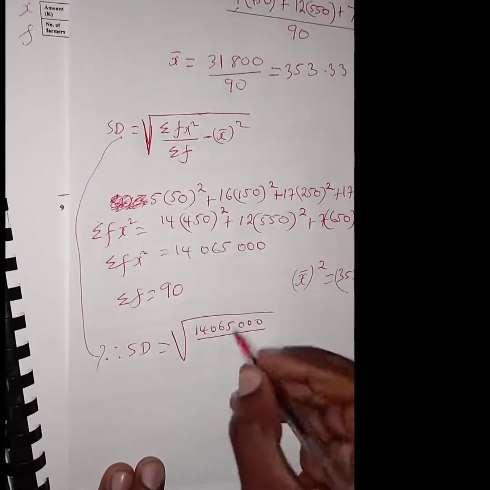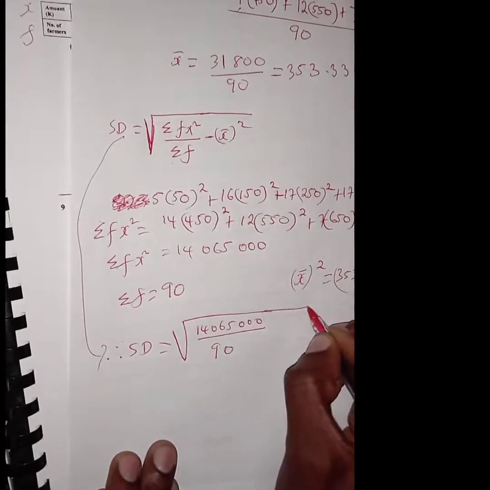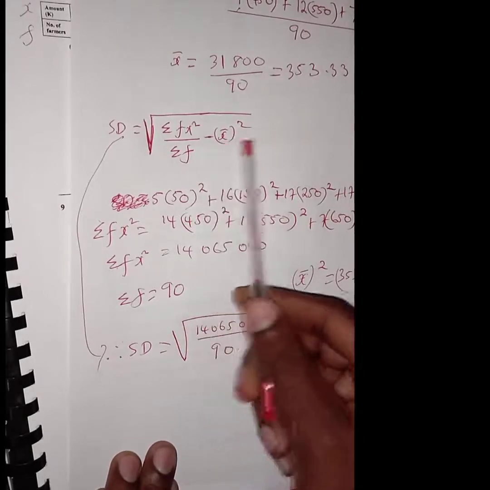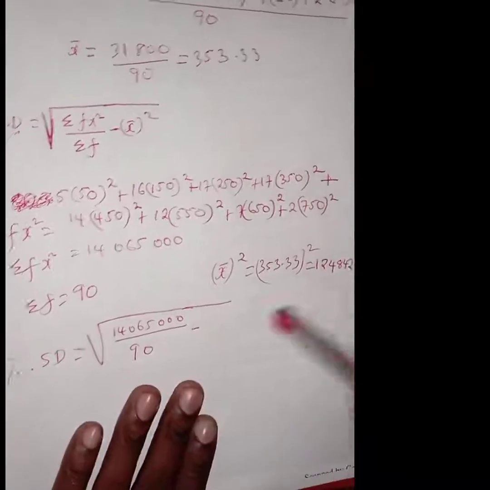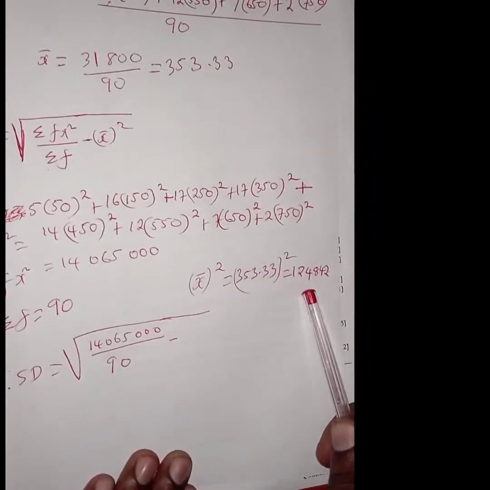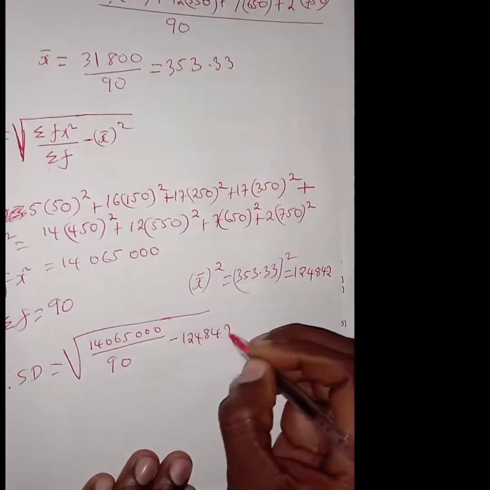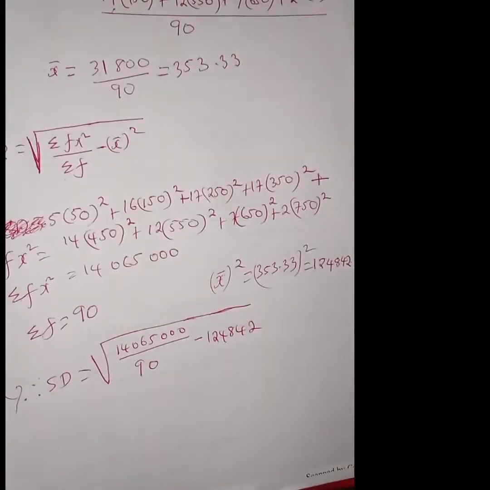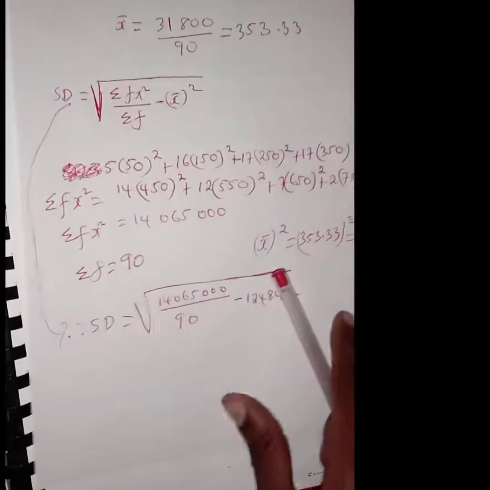Yes, it's 90, over 90, a big square root, minus, do you know the mean square is here? The mean square, we know it is 124,842. Make sure this square root must engulf everything, right? Then you divide this, the answer minus that.